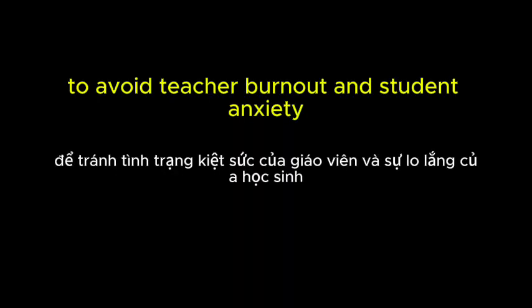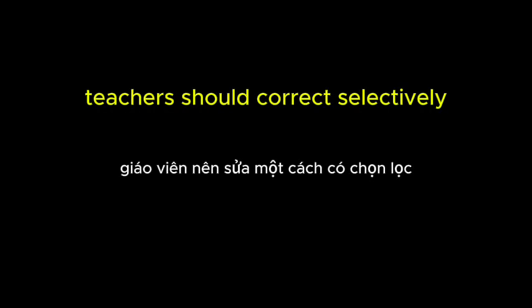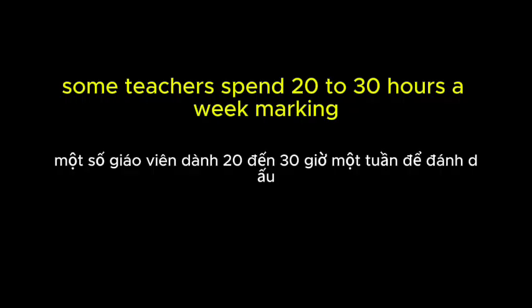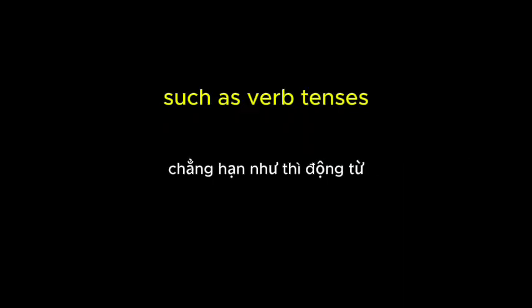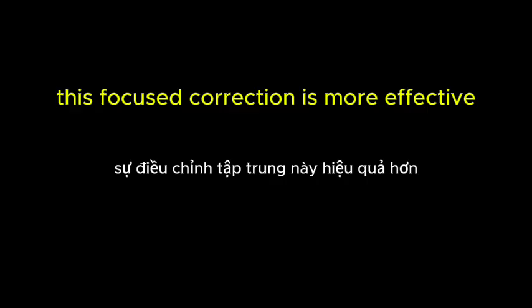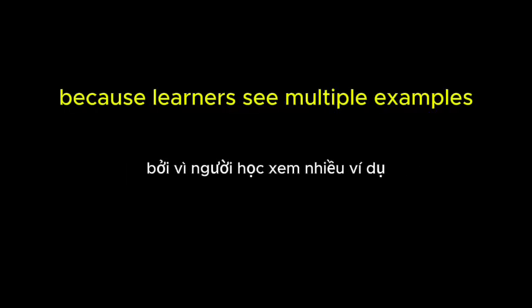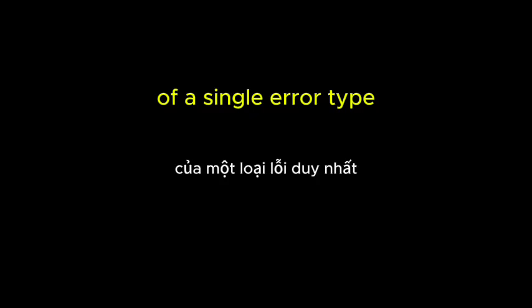To avoid teacher burnout and student anxiety, teachers should correct selectively. Some teachers spend 20 to 30 hours a week marking. Selective marking focuses on a limited area, such as verb tenses. This focused correction is more effective because learners see multiple examples of a single error type.